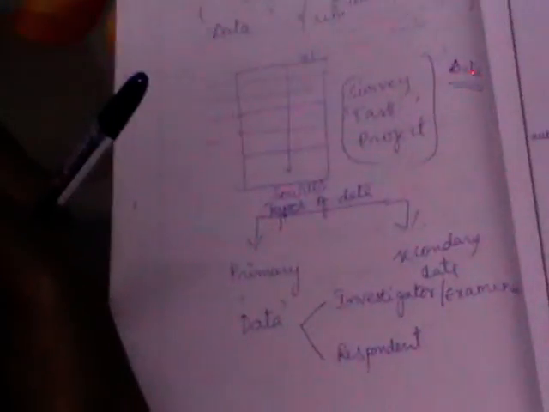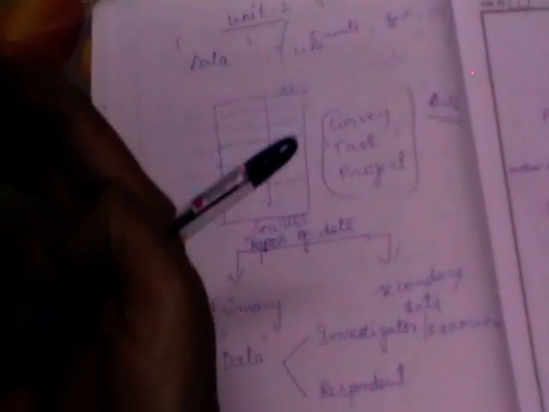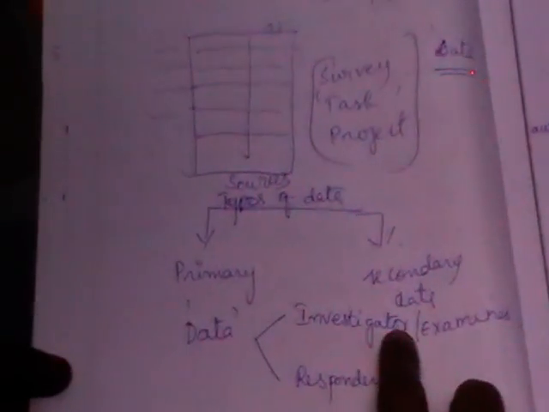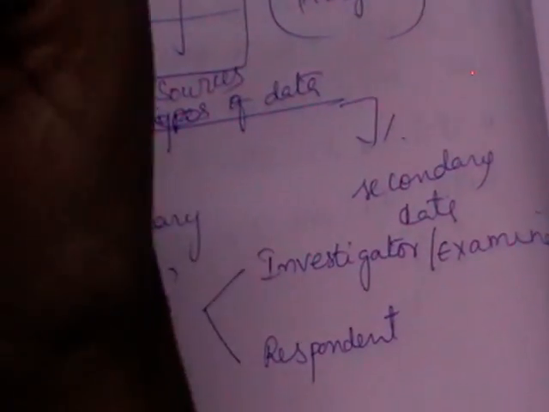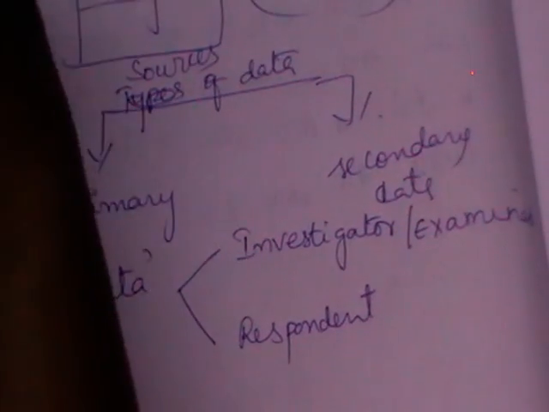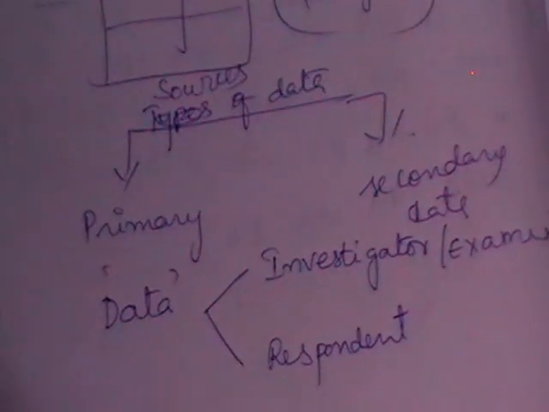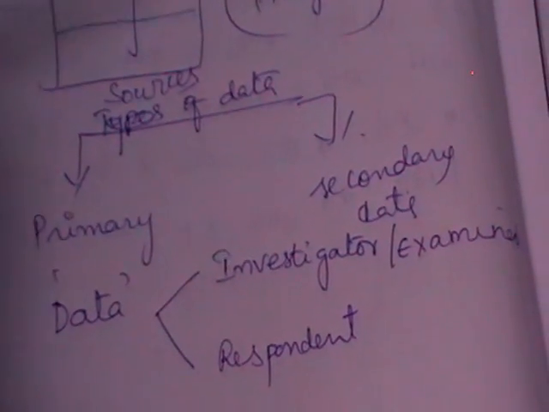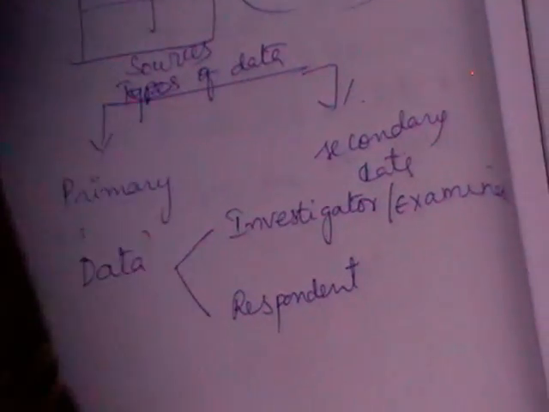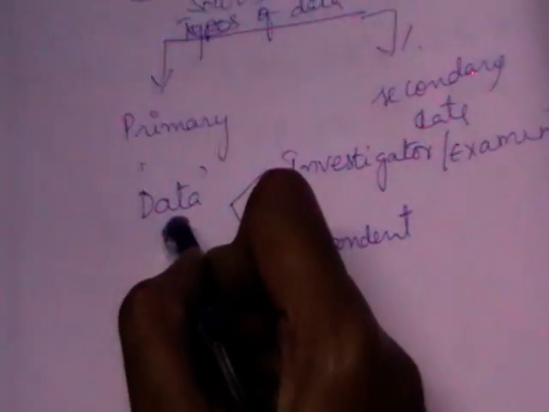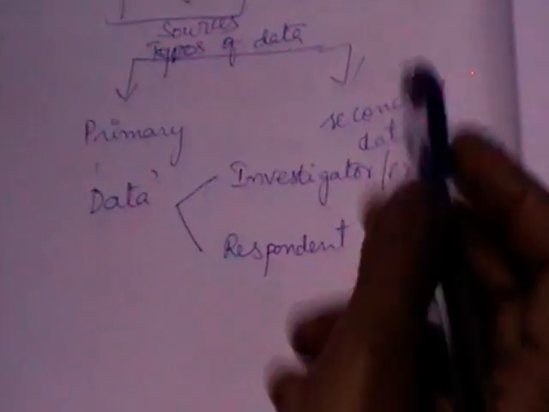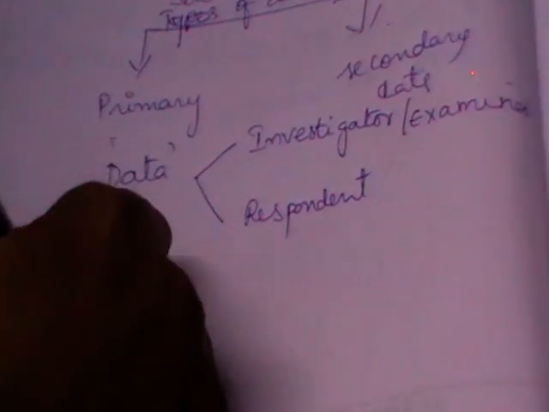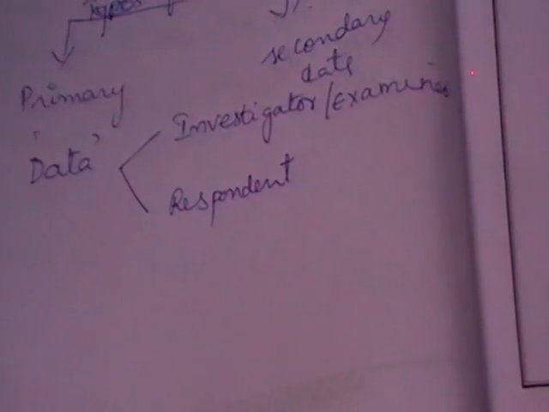The one who collects the data is called the investigator or examiner, and the voters, the persons from whom they get the data, form the respondents. Investigator is the person who collects the data and respondent is the person from whom he collects the data.